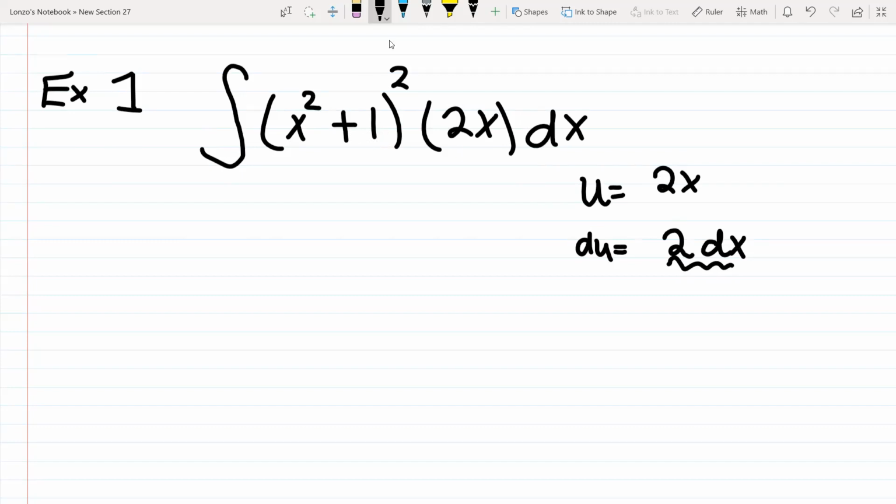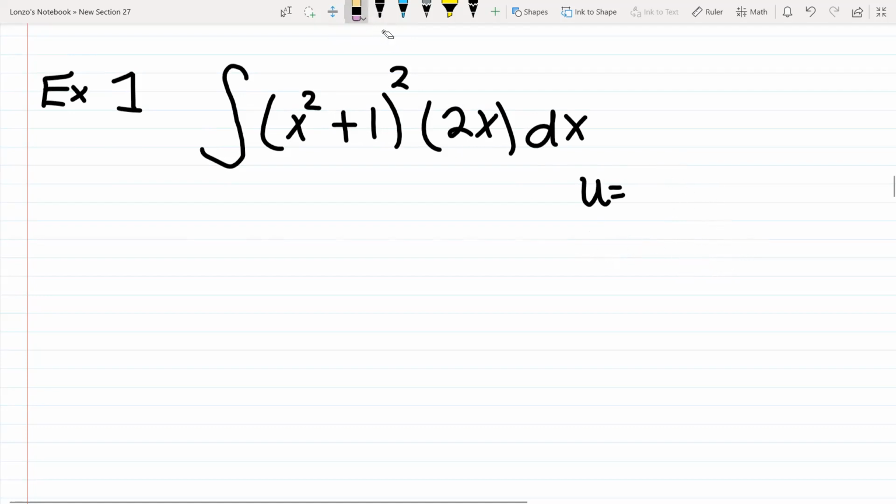So that's when you have to use another u. The correct u would actually be x squared plus 1. The reason why is because when you take du, or the derivative, what's the derivative of x squared?